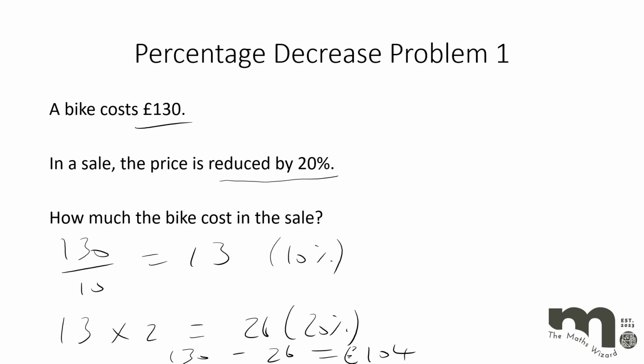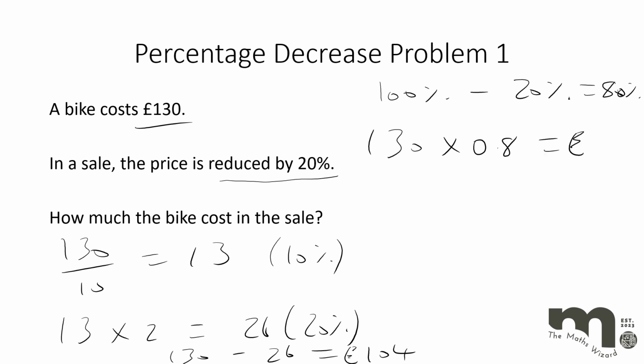Now with your multiplier method, we've got 100% minus 20. That'll give you 80%, so you're left with 80% that you've got to pay. If we do 130 times 0.8, that'll get us straight to our £104 price there.